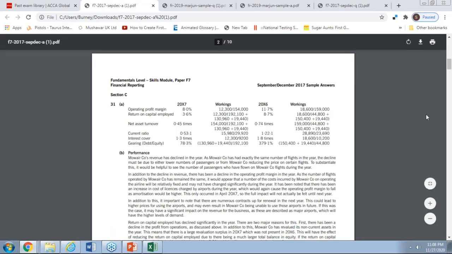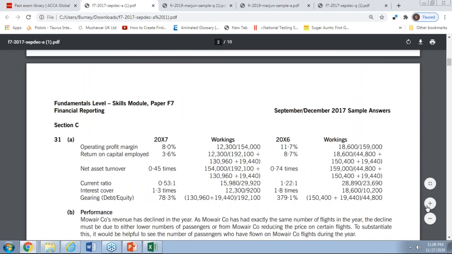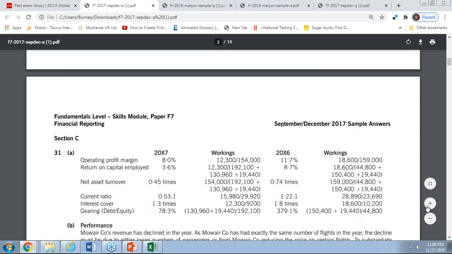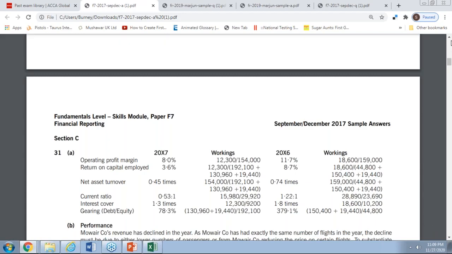So now it's starting. First we have to match your answers with the data that has been provided to you. If you want to ask anything related to these calculations, you can ask immediately.